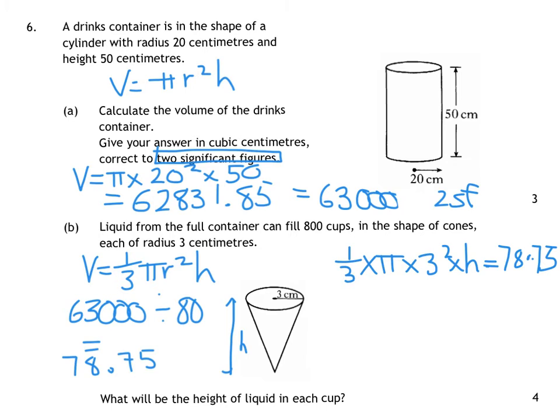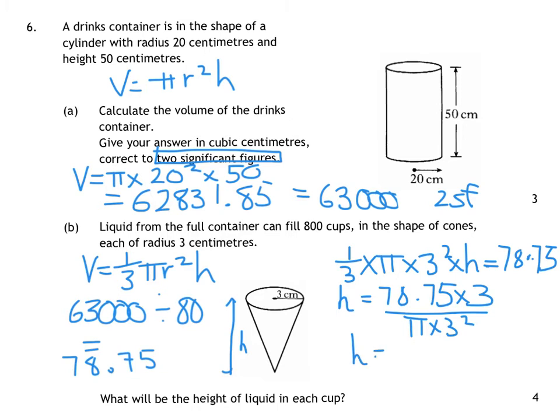Now bear in mind we want h on its own, so to get h on its own, a third means divide by 3, that becomes a times by 3 on the other side. So you've got 78.75 times 3. A times by pi and a times by 3 squared both become a divide. So I bring them down all in one go.